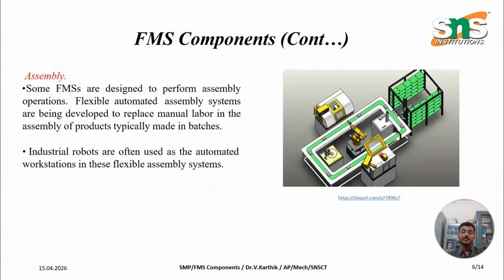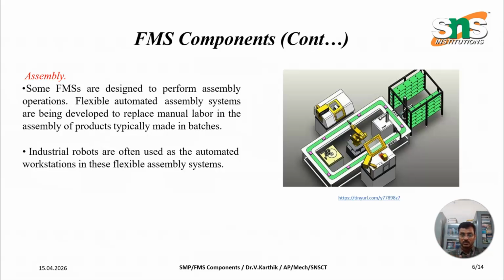Next one is the assembly stations, where we know the machine one, machine two, machine three, which are done in that layout, can be assembled as a single product in these stations. Some of them are designed to perform assembly operations, which will replace manual labor. We have seen many car manufacturing videos on the BBC or other National Geographic channels.